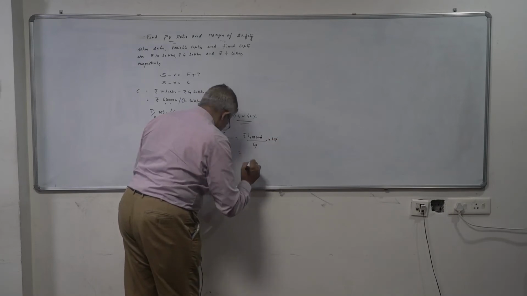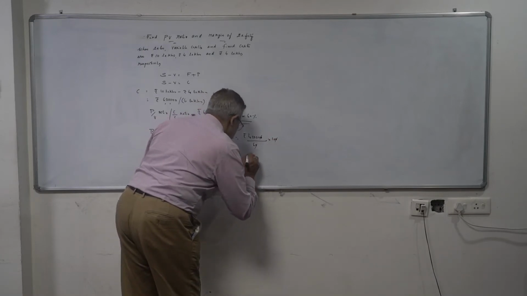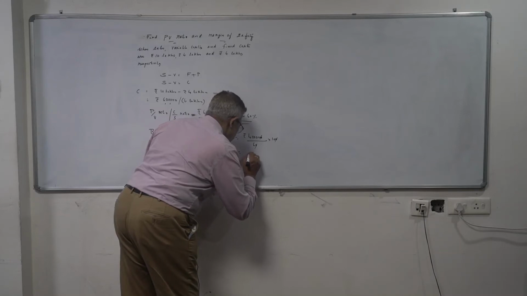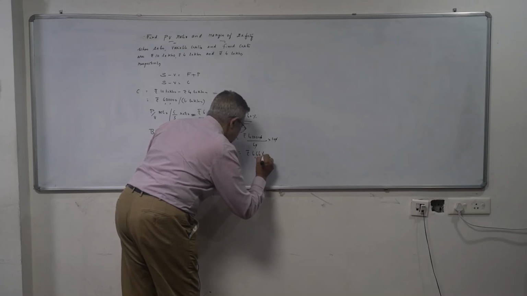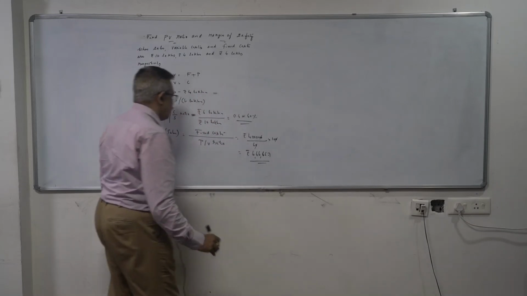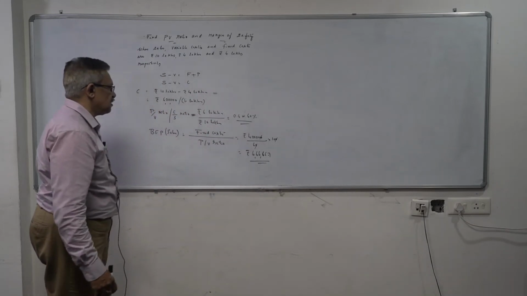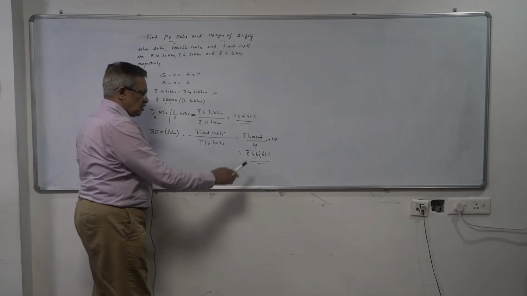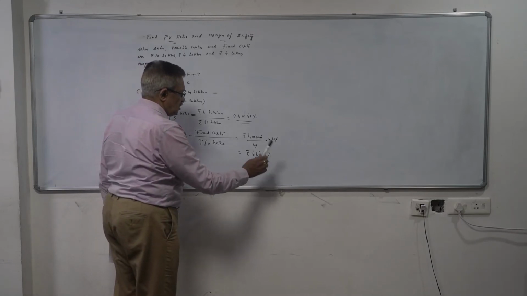So this works out to 6,66,667 rupees. So the break-even sales are going to be 6,66,667.